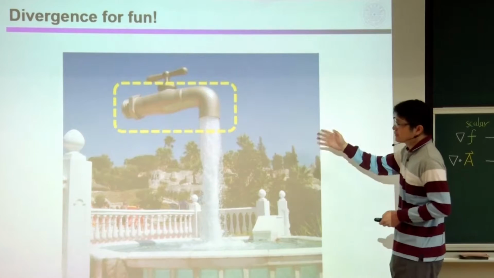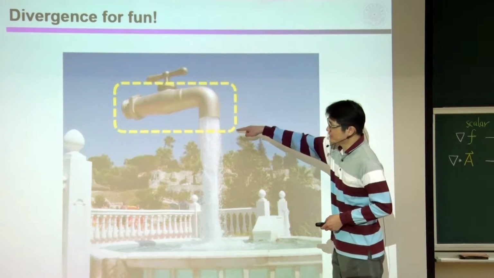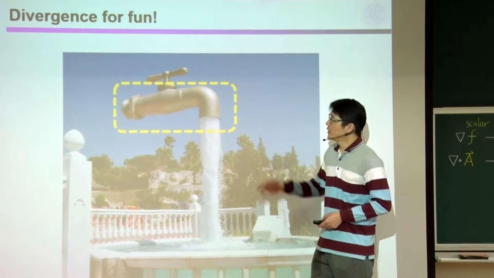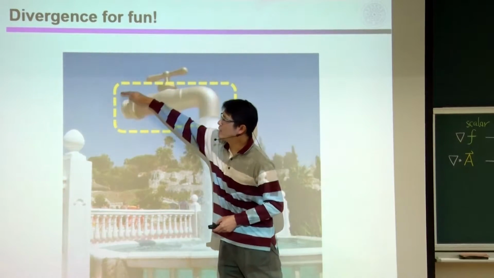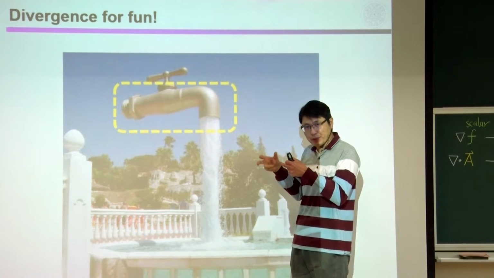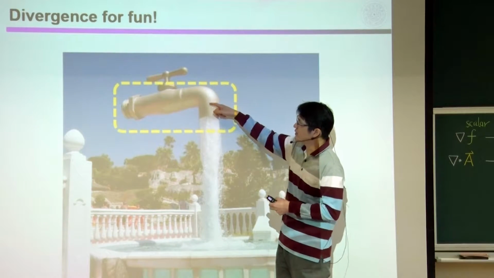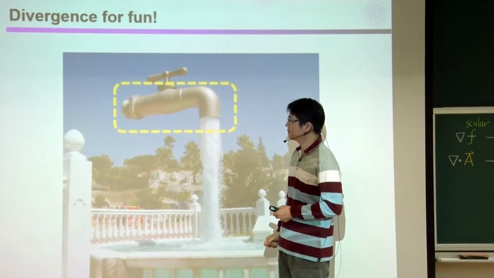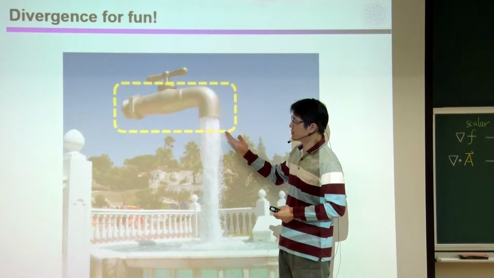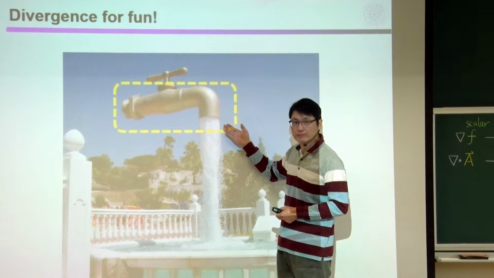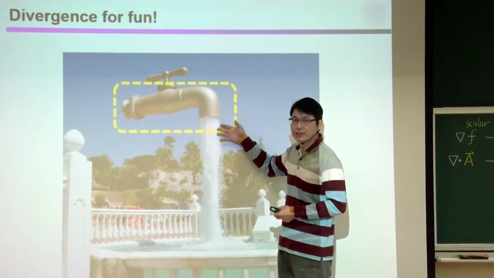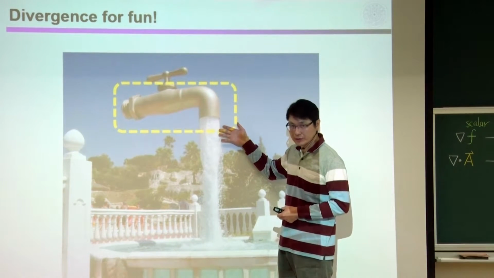Now, with the definition, come back to this example again. You have your space, and you use this yellow three-dimensional box to surround this outlet. Then you ask yourselves, what is the net outward flow of the field? The field here is represented by water.